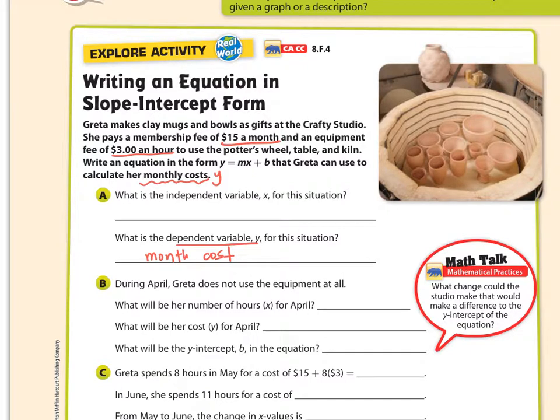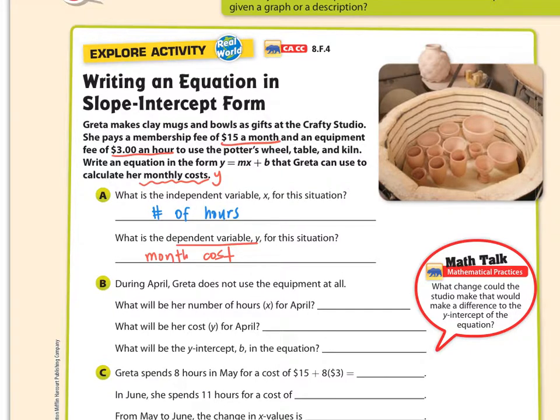What value will change for that month? It's going to be the number of hours, because if she only uses the equipment for 1 hour, or 5 hours, or 10 hours, or 8 hours, and so on, that's going to change how much she has to pay. She has to pay 15 bucks, and she has to pay the $3 an hour. The $15, she'll always pay, even if she doesn't use the equipment. So it's number of hours.